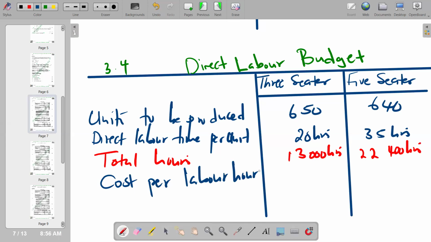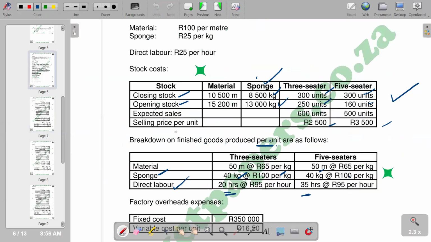Cost per labor hour, whereby we refer back to see what we have in terms of cost per labor hour. We've got 95 rand per hour for 3-seater. Then for 5-seater also it's 95 rand per hour.